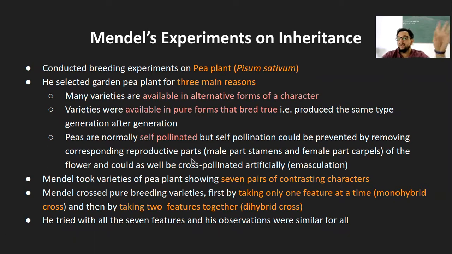Let's say now I want to do cross-pollination and I don't want to do self-pollination. In that case, I can remove the male reproductive structure, called stamen. Or let's say I want to remove the female reproductive structure, that is carpel. In both of these cases, it was possible. And that was the third reason why Mendel chose this particular plant.